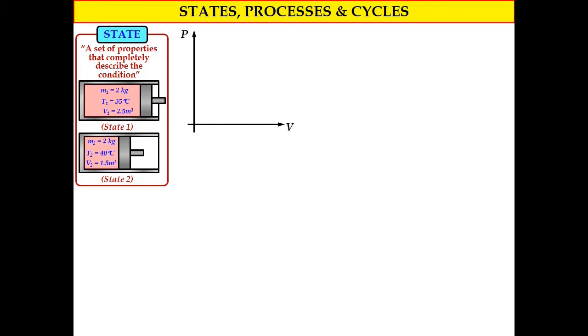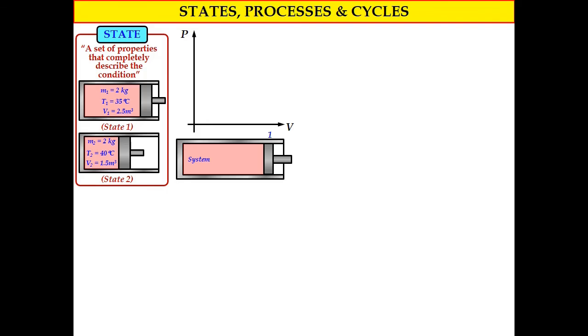Now if you want to describe the state on the PV diagram, we also need to consider the cylinder piston device as shown in the schematic diagram. Let's say at the initial position of the piston, the red color area represents our system, because we select the boundary of the system represented by the red color area.